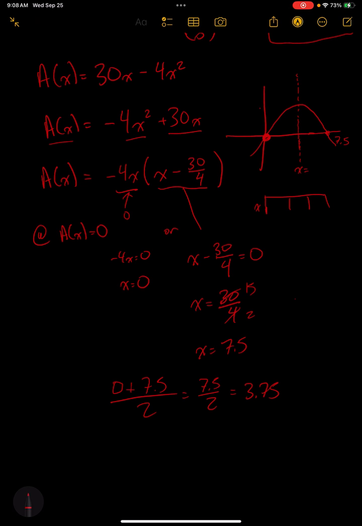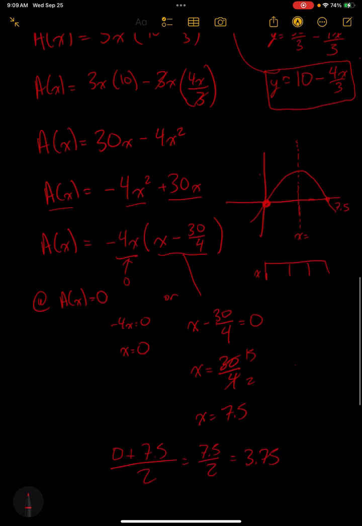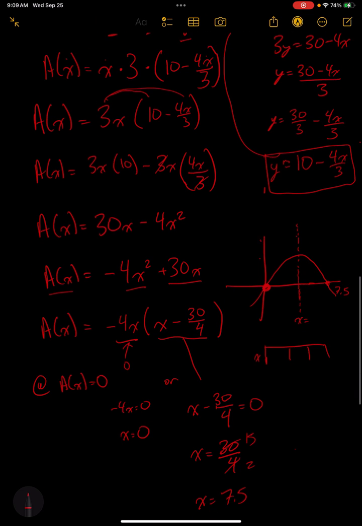So the dimensions: x is actually going to be equal to 3.75. And y is going to be given by this over here.